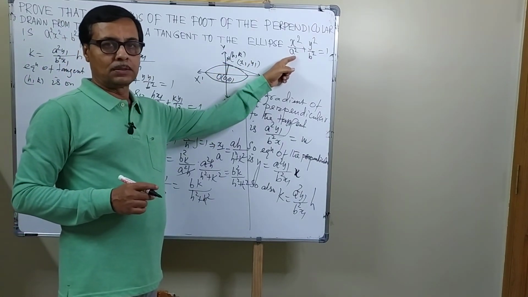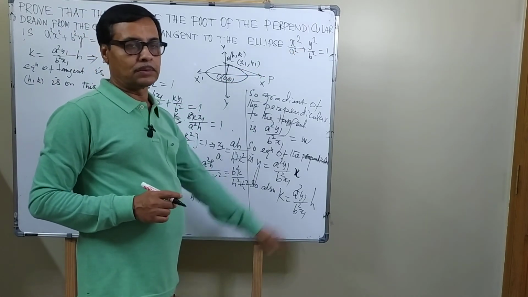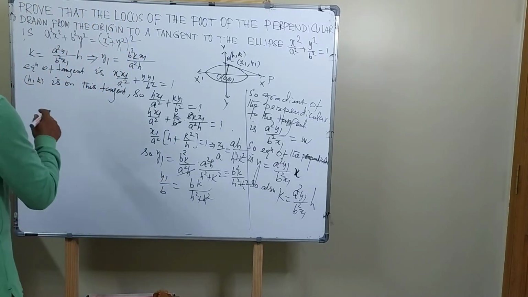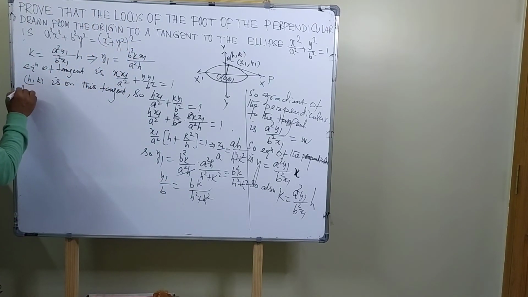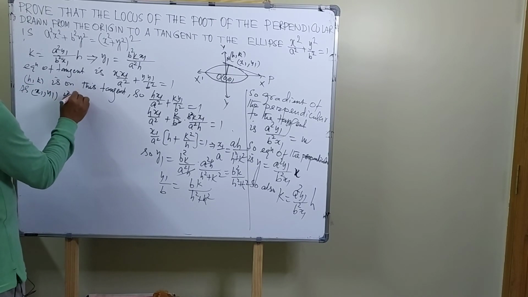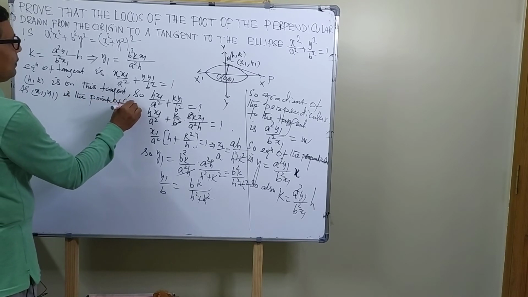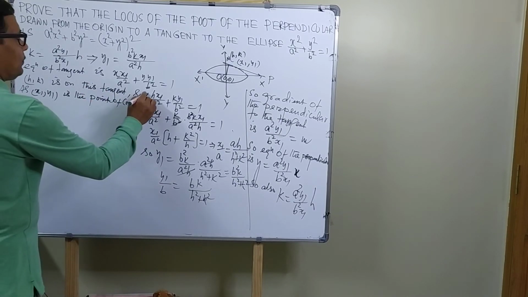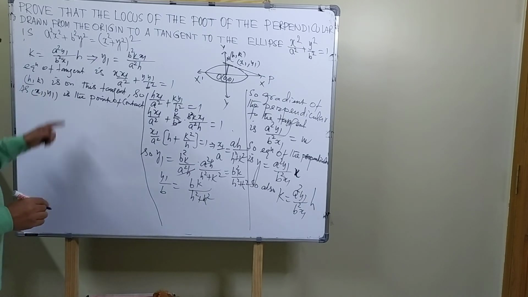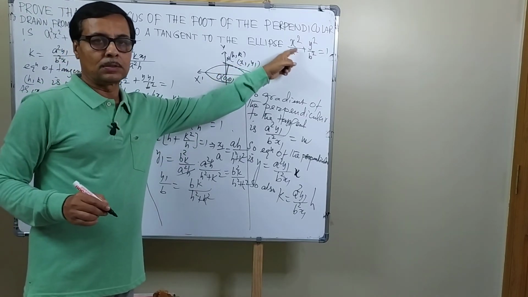So (x1, y1) must satisfy the equation of ellipse.